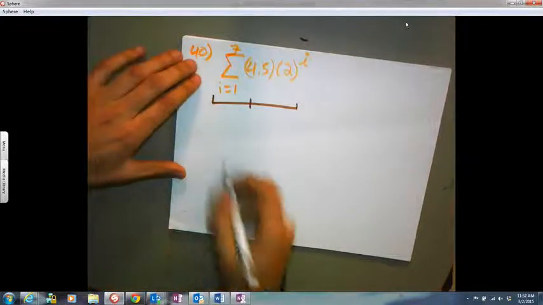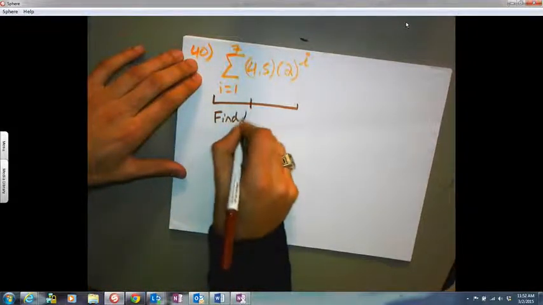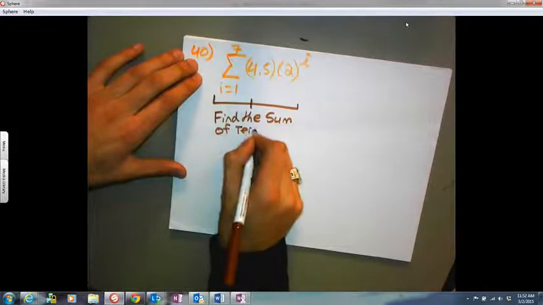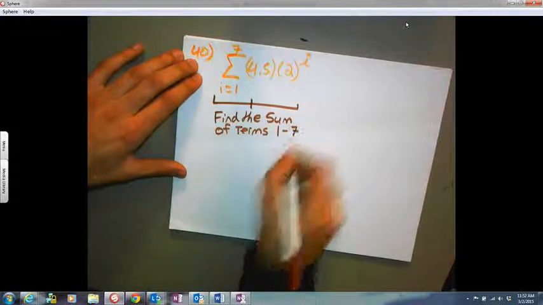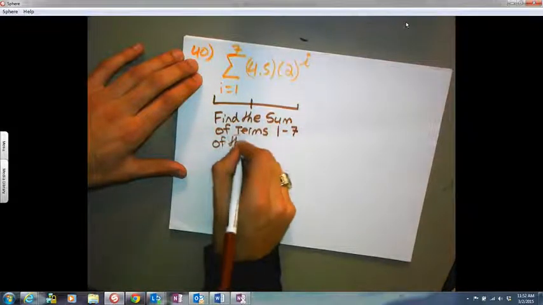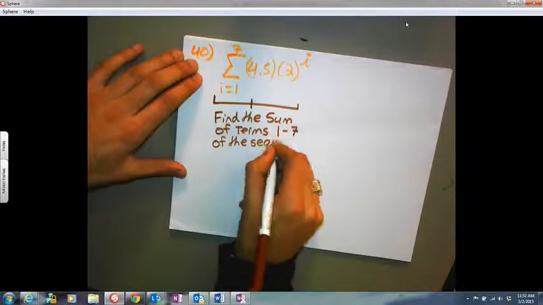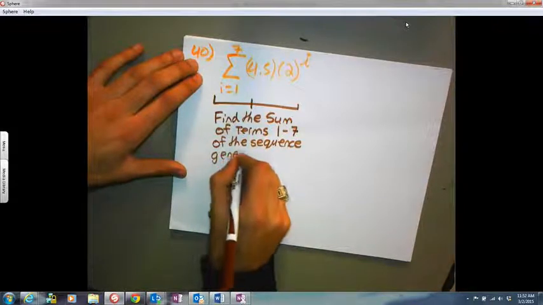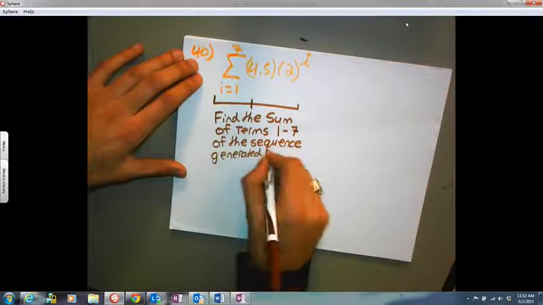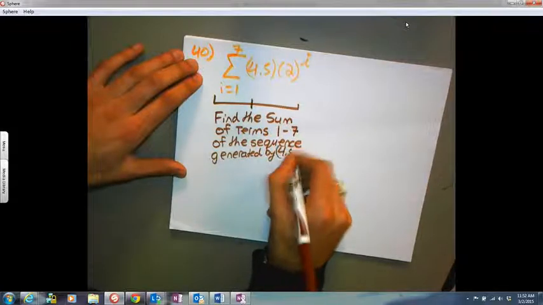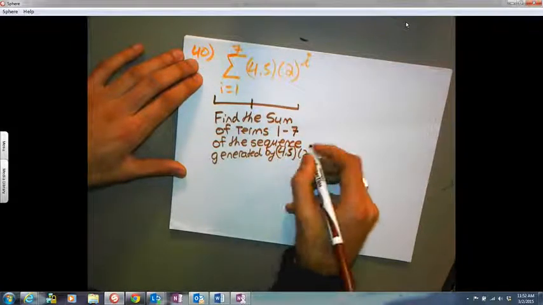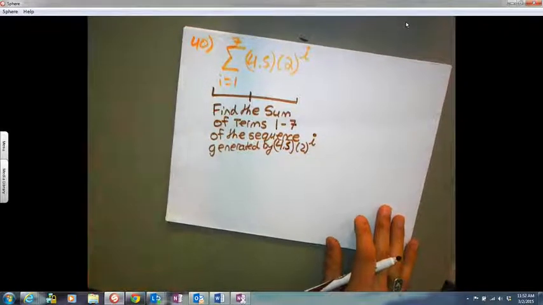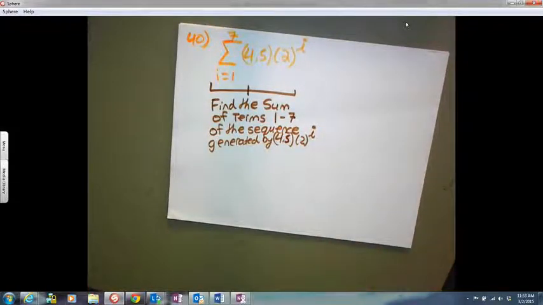So what this is saying is find the sum of terms 1 through 7 of the sequence generated by 4.5 times 2 to the i power. That's what they're asking us to do. Find the sum of terms 1 through 7 of this sequence.